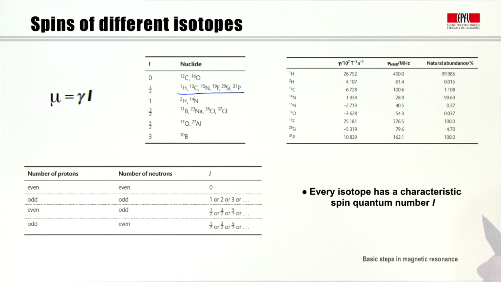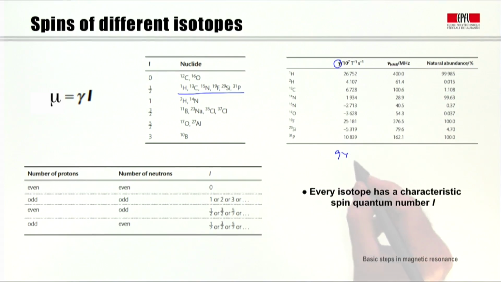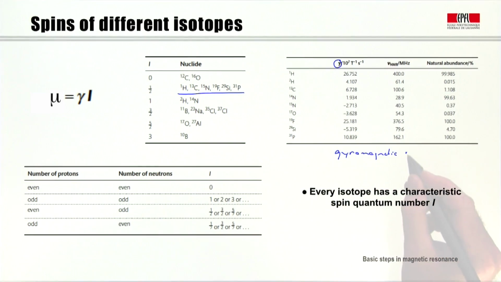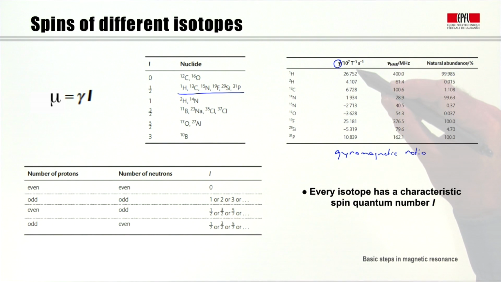Not only do they have spin, but they have different gammas, different gyromagnetic ratios. So this is the gyromagnetic ratio. This is an inherent property of the different isotopes. And here you can see that they have been given in the proper units of inverse Tesla and inverse second.